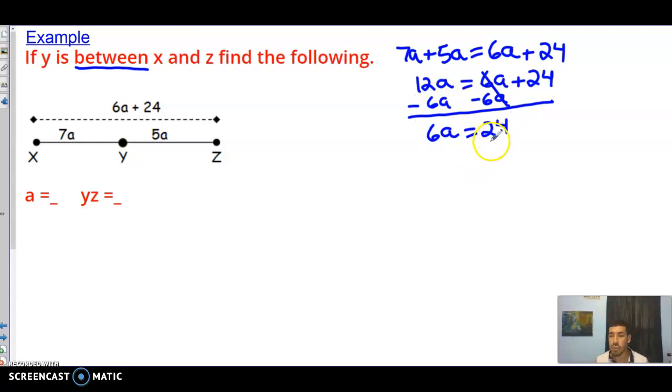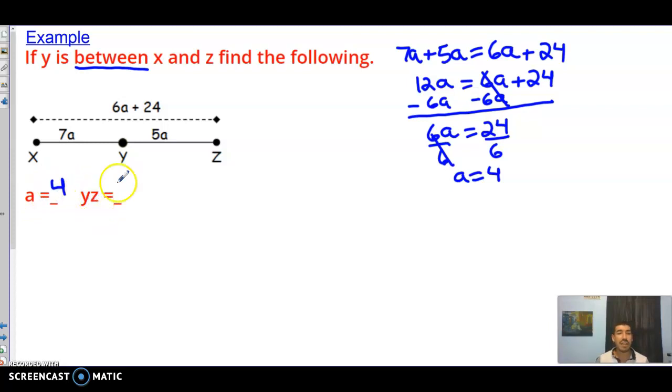Okay, so now what you do is this, you divide both sides by 6, leaving me a equals, that reduces to 1. 24 divided by 6 equals 4. So I already have part of my answer. They're asking for two things here. The first thing, the a value, I already know is 4.